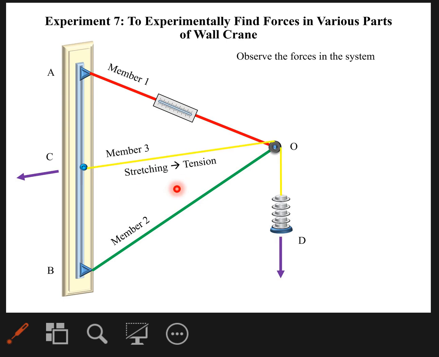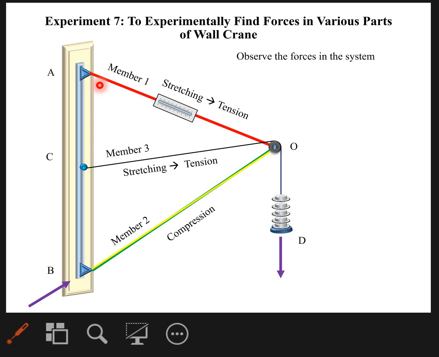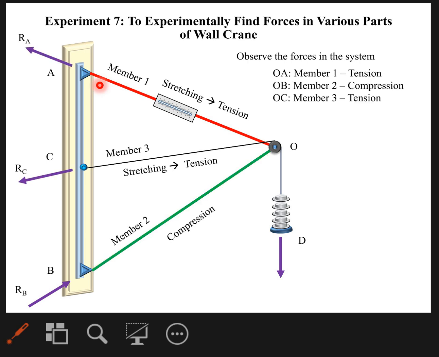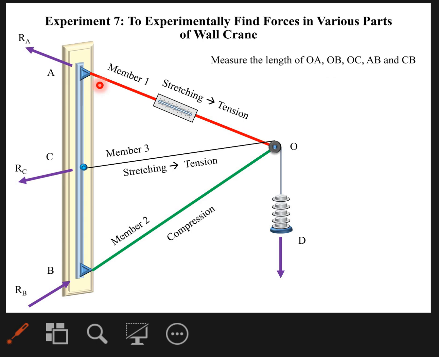We have a stretching force which is tensile force in member 3 passing from point C. We have another tensile force passing through member 1, point A. And we have a last force which is called the compression force passing through member 2. These are the forces, as you can see. Just measure the lengths of OA, OB, OC, AB and CB using a ruler.